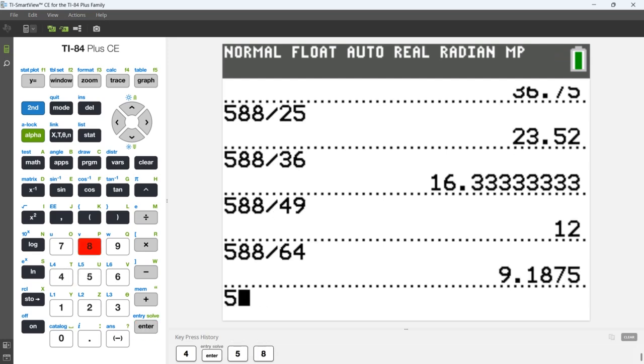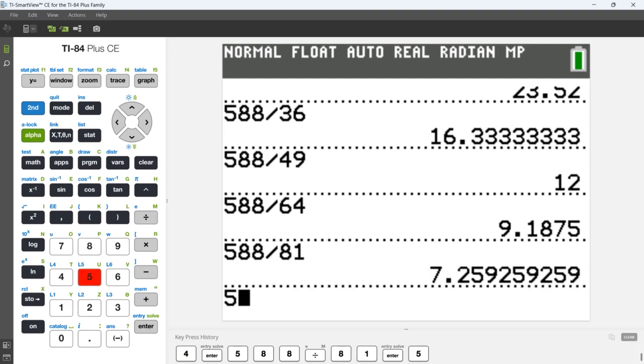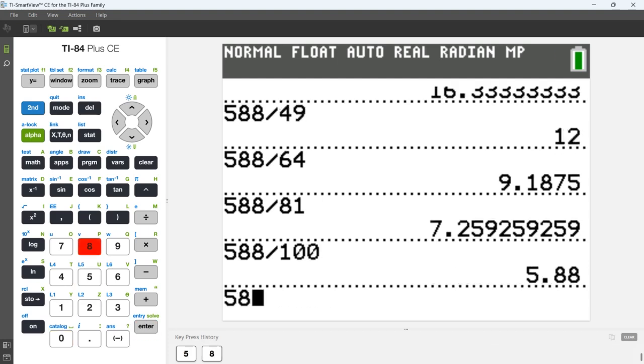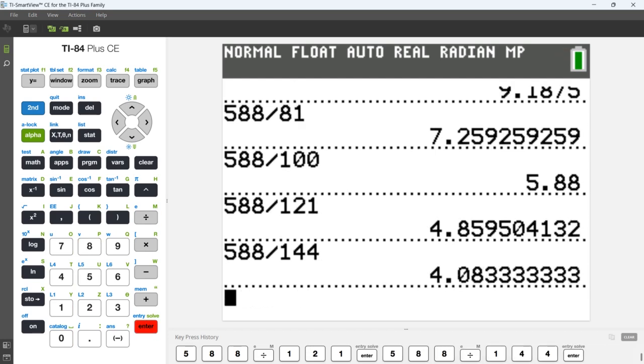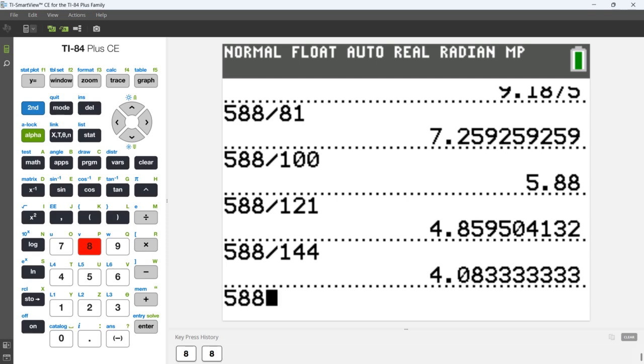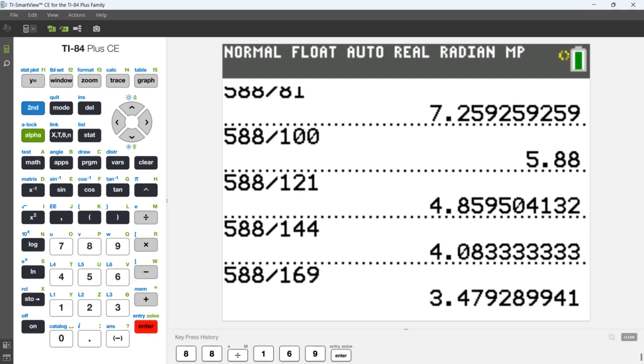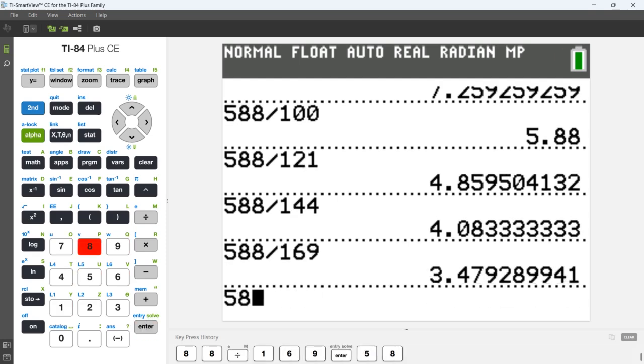64 is not going to work. I already know 81 is not going to work. I know 100 is not going to work. 121 is not going to work. 144 is not going to work. 169 is not going to work.